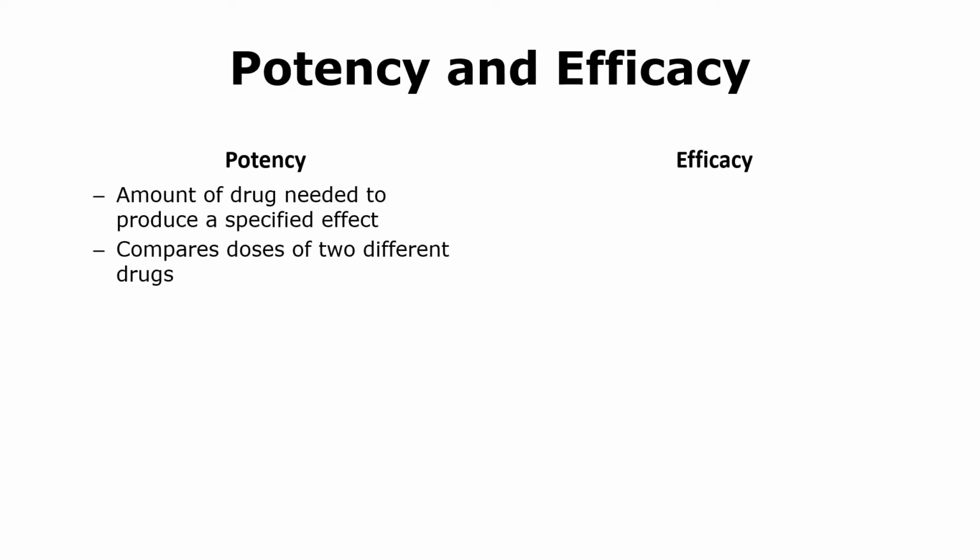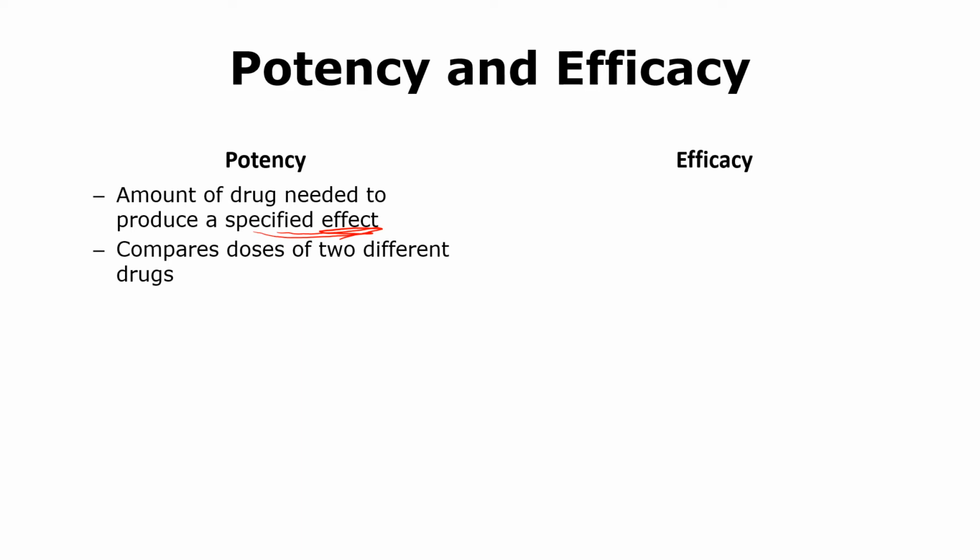Now, the next concept is potency and efficacy. The difference between potency and efficacy, these are two different things, by the way. Let's start with the definition. The potency is the amount of drug needed to produce a specified effect. How much drug do you need to see the effect?